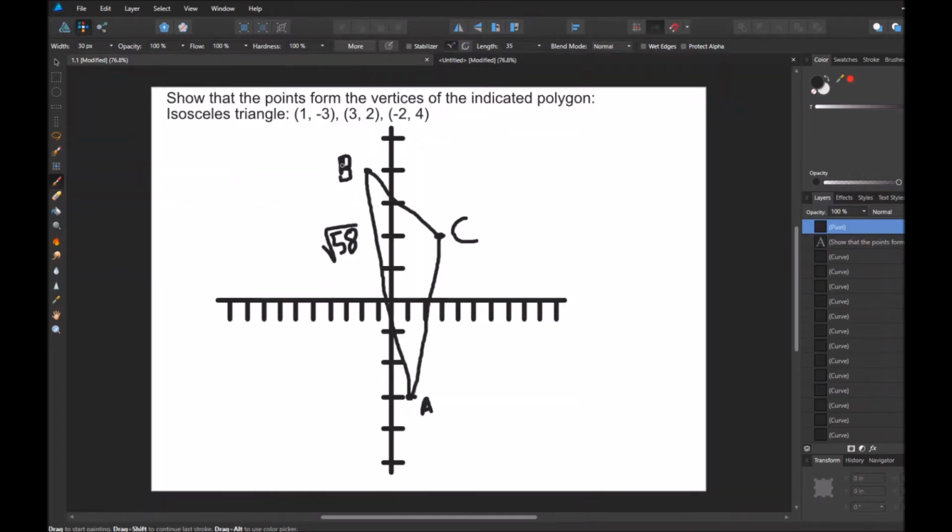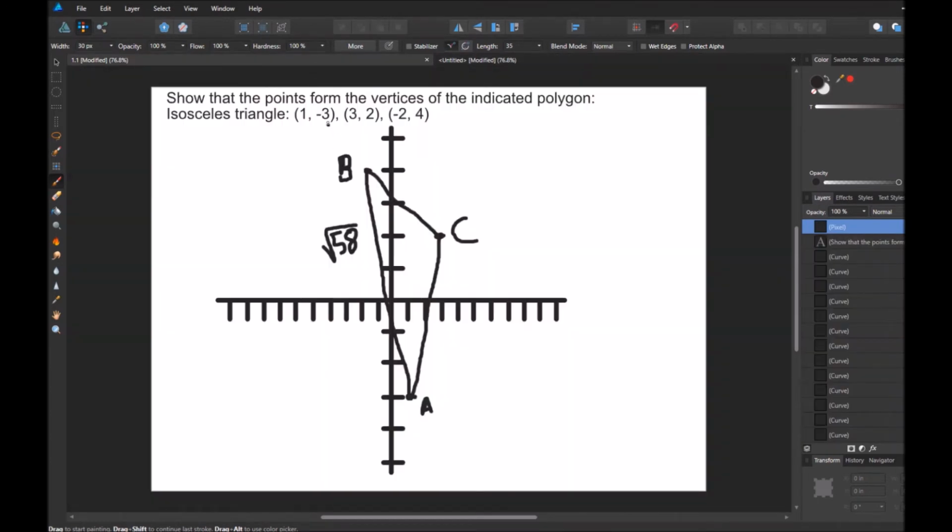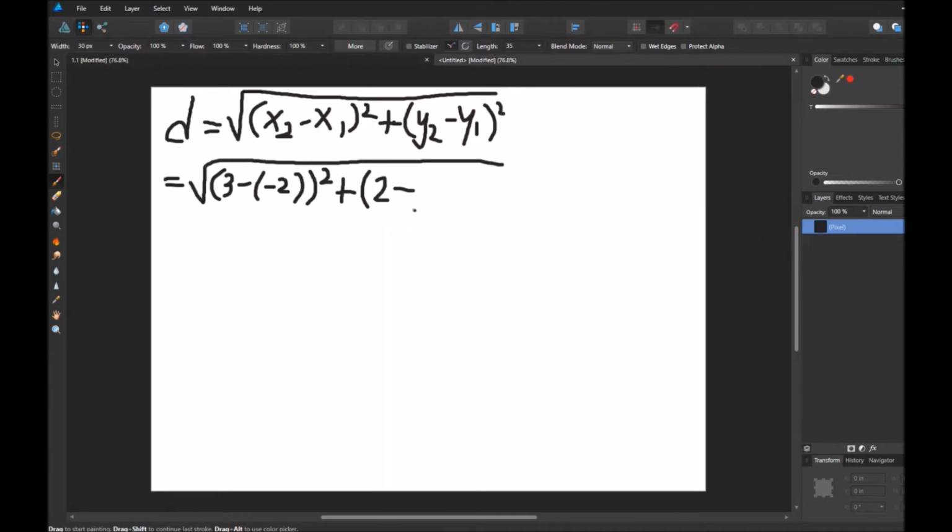And then y2 is going to be 2, and y1 is going to be 4.